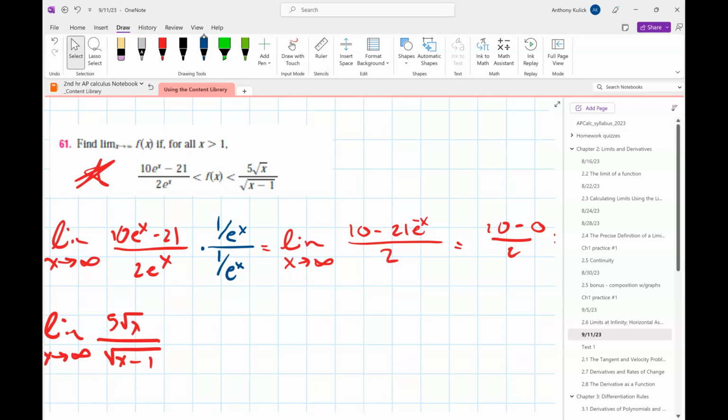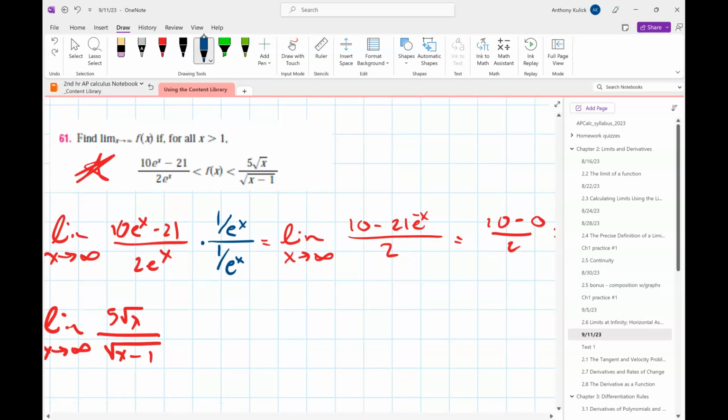But if this was e to the 2x up here, then I would want to use just e to the x, because I don't want that denominator to go to 0. Because then you have a 0 denominator, that's no good. Because you have the choice of what to pick, just pick the biggest one that doesn't make the denominator 0.